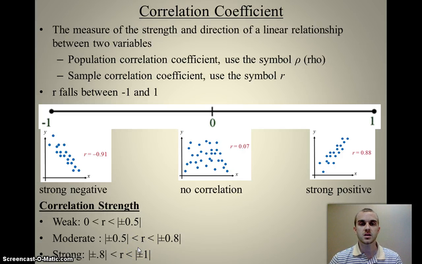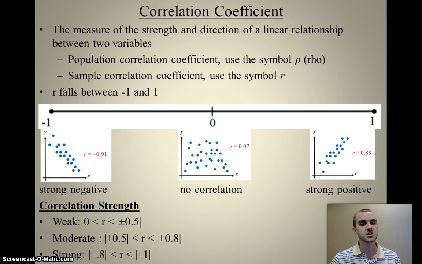Now when we talk about our correlation coefficient, it's important to recognize that we're talking about the strength and the direction of the linear relationship between the two variables. If we're talking about the population's coefficient, we use the symbol rho. Looks like a fancy P. And if we're talking about the sample correlation coefficient, we use r. And that's what you're going to use probably more than anything, because most of the time we are dealing with samples.